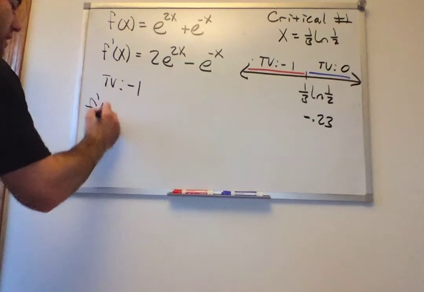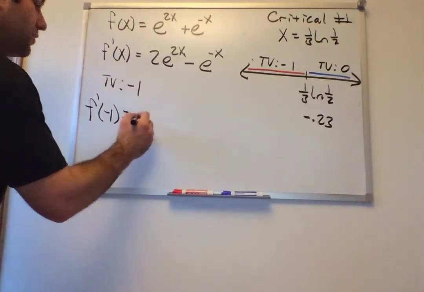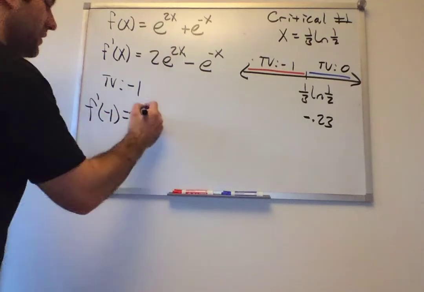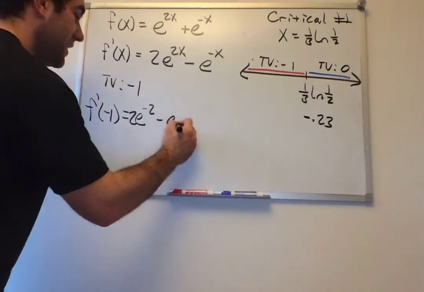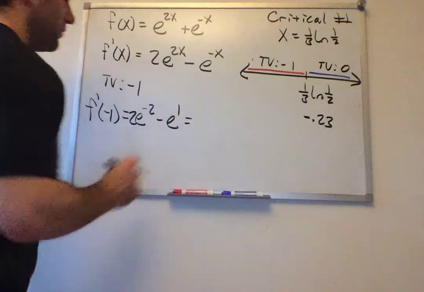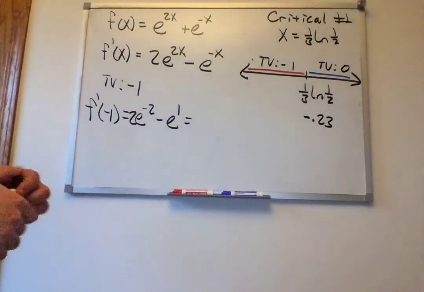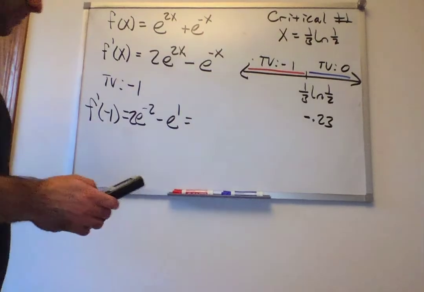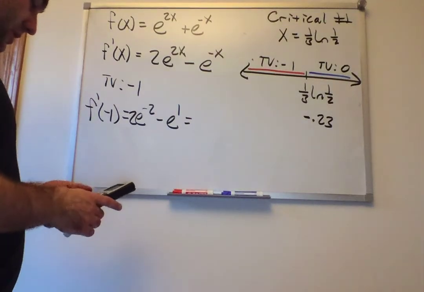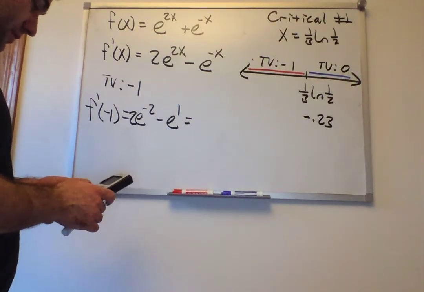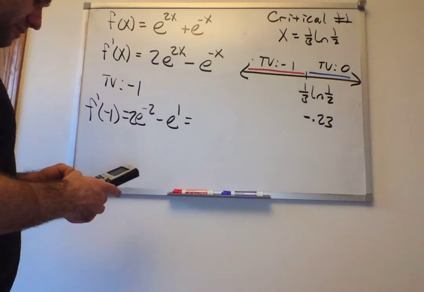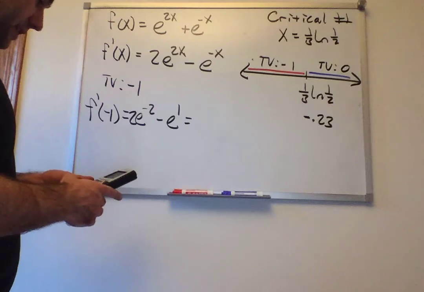So f prime of negative 1 is equal to 2e to the negative 2 minus e to the first. I have no idea what this number is, so this is when you come to your calculator. 2e to the negative 2 minus e.